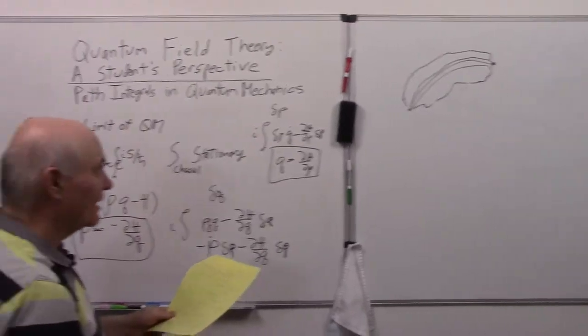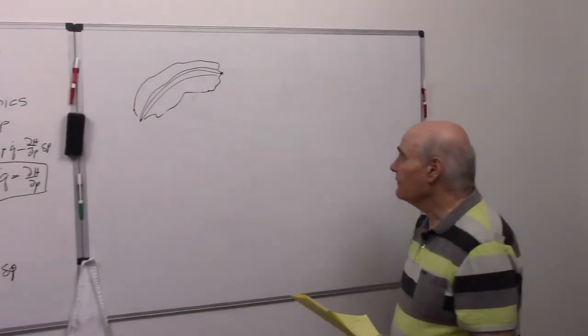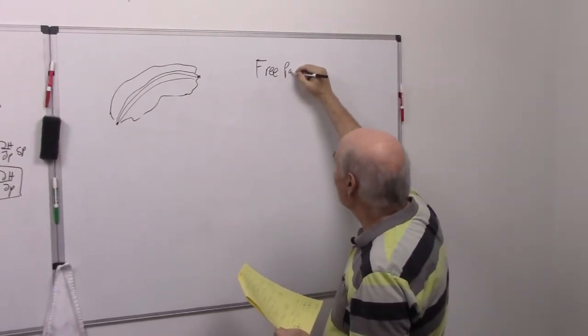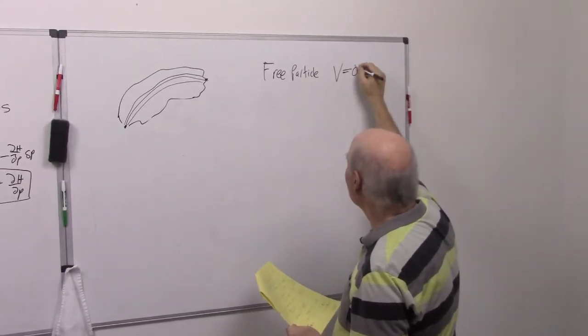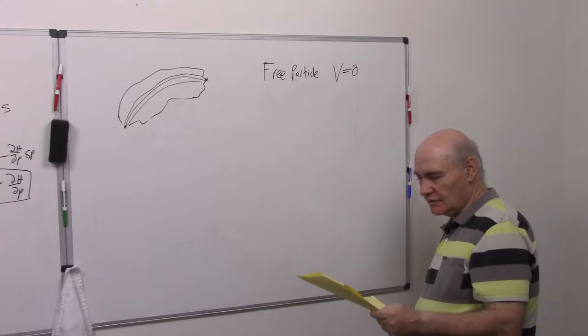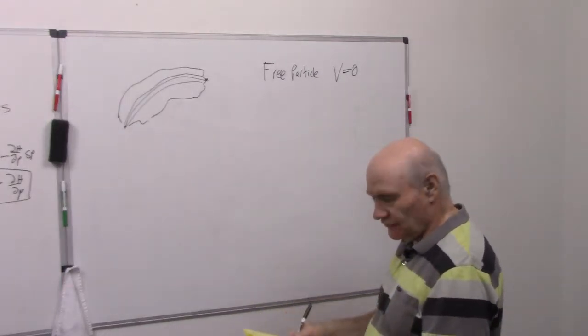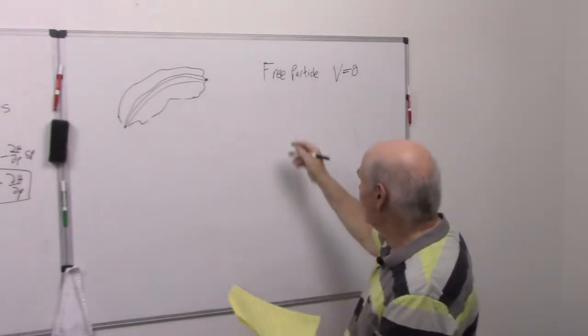Now, let me go on to something else. When we have a free particle, so V equals 0, in non-relativistic quantum mechanics, this is one of the exercises you'll be asked to do in Srednicki's book.